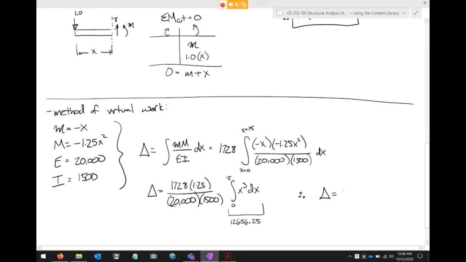You get 0.911. Okay, and what that tells you is it came out positive, so our assumed direction was correct, and this conversion factor of 1728 converted our answer to inches. It's that simple.